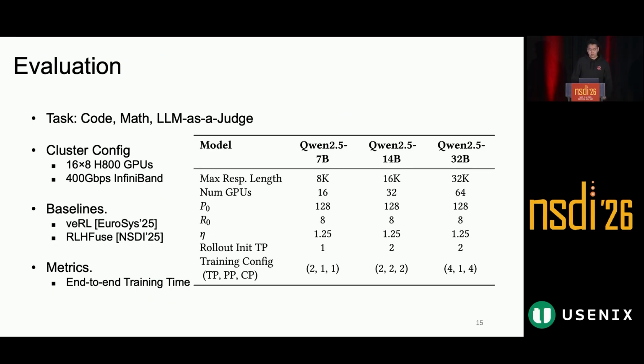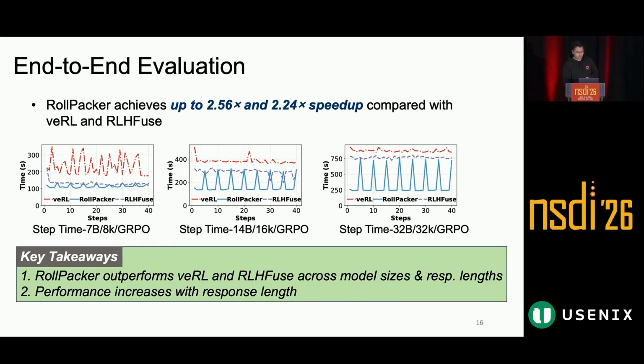So we use a multitask RLVR workload to evaluate the performance of RollPacker. The cluster setup and hyperparameters are shown below. And we compare RollPacker with the veRL baseline and AReaL. We mainly focus on end-to-end training time. So for the end-to-end evaluation, the blue solid line here shows the step time of RollPacker across multiple steps throughout the training process.